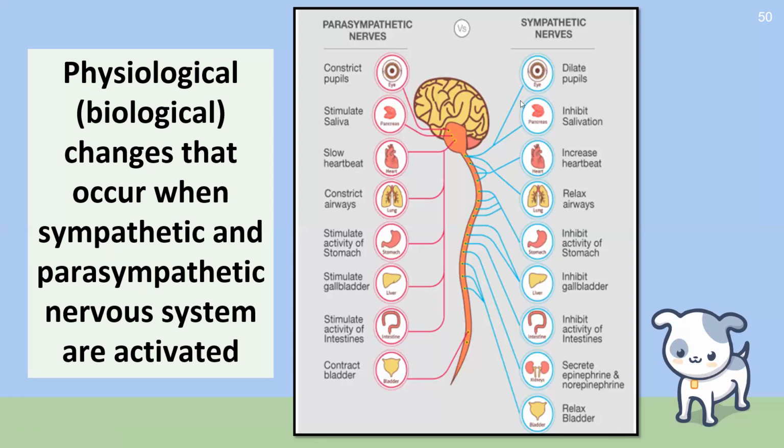With reference to the sympathetic nervous system, on the right-hand side here, we can talk about all the different functions, but you don't need to learn all of them. If you just learn at least 3, any 3 that are easiest for you to remember, that's enough. For example, dilating pupils.